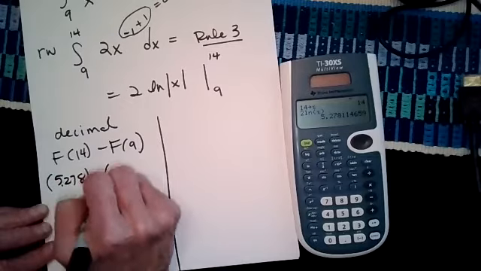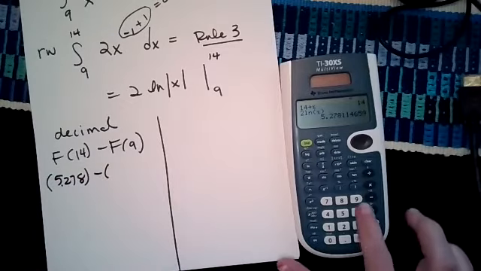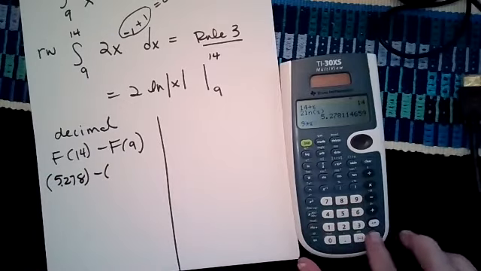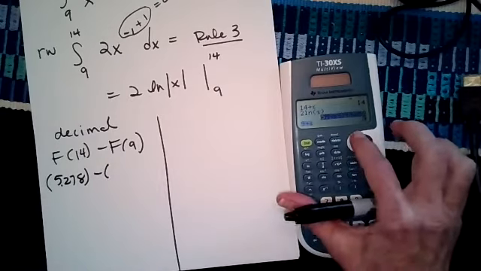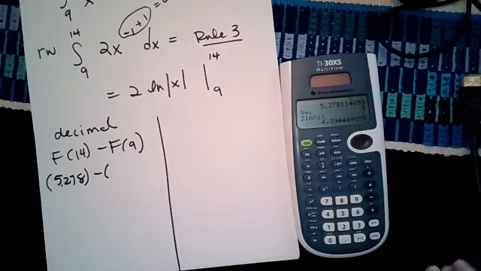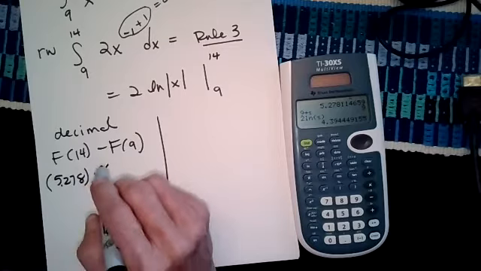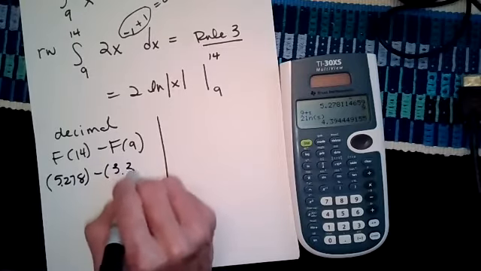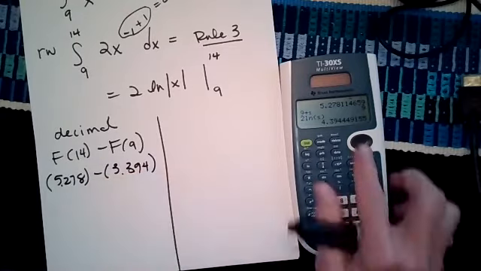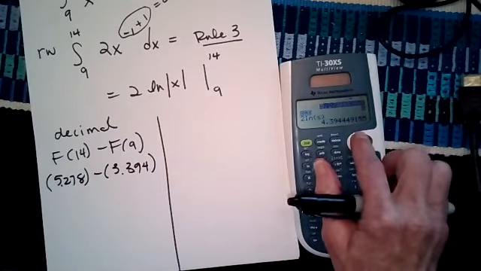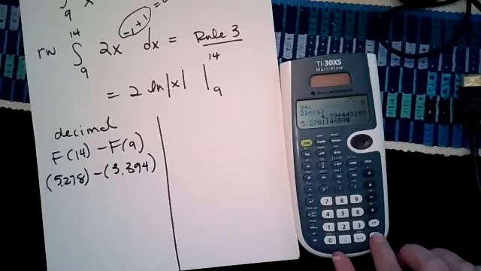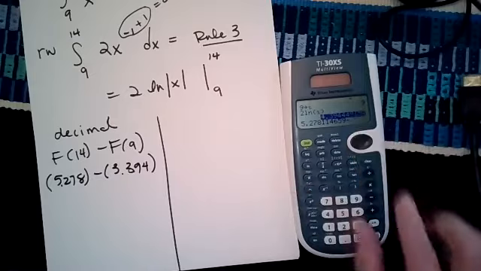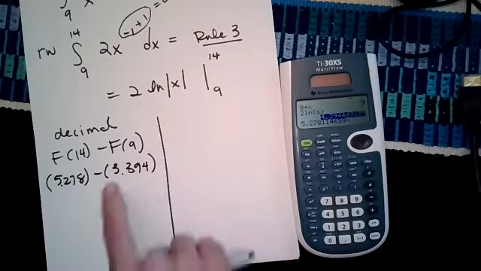5.278 minus, and then I'm going to do 9, store for x, and enter, and go highlight my antiderivative, push enter twice, and I get 3.394. So I go up and I highlight my 5.278 minus, I go up and highlight my 4.3, and I wrote it as 3.3.